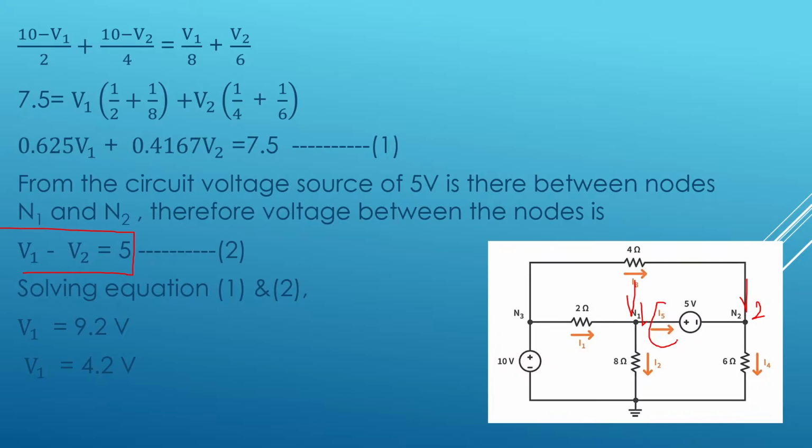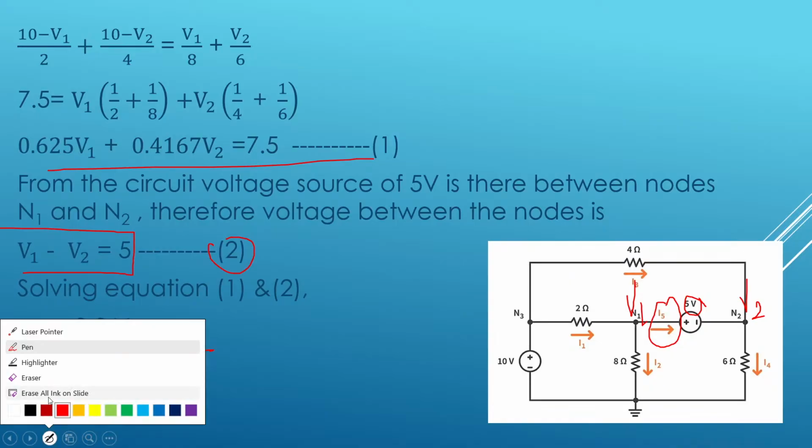For the current to flow, there should be a potential difference between the two nodes. The current direction is from V1 to V2, so V1 minus V2 must be equal to the source voltage value. So V1 minus V2 is equal to 5. Consider it as equation 2. Solve equations 1 and 2 and you will get the V1 and V2 values.